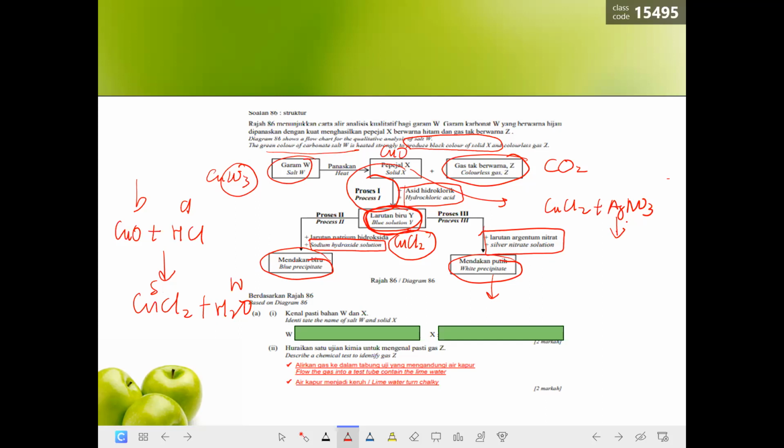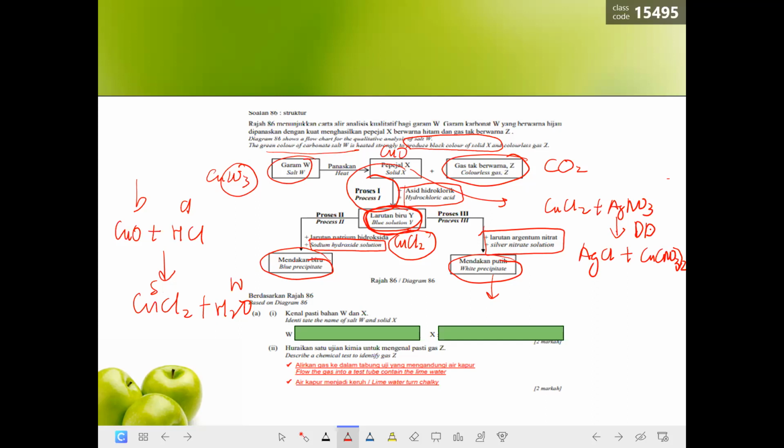Silver chloride. Yes, okay, silver chloride. Next one, I'm going to ask you a question that is not here. My question to you is, what is the name of this reaction or this process? Name this process for me. Double decomposition. Correct, it's double decomposition, yeah?